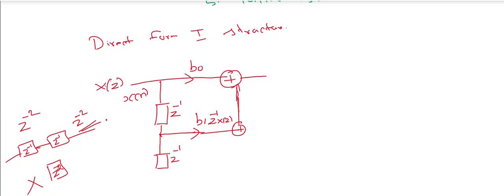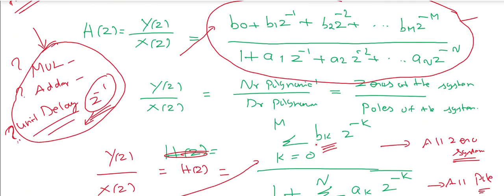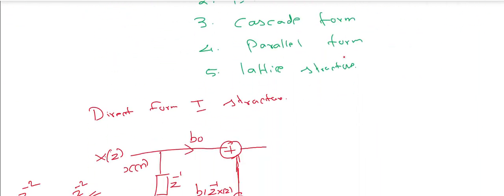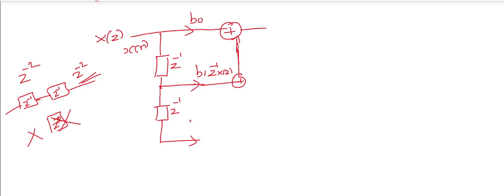So for b2, the coefficient times z minus 2 into X of Z, again these are added. So these are the multipliers (scaling factors), these are the adders, and these are the unit delay elements.